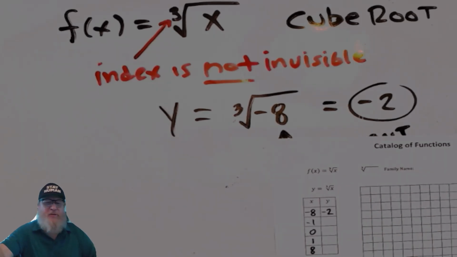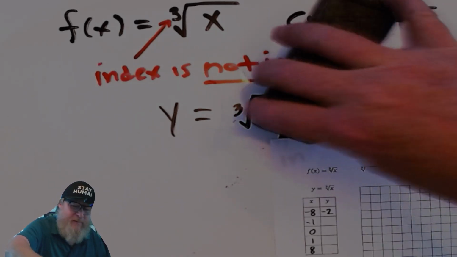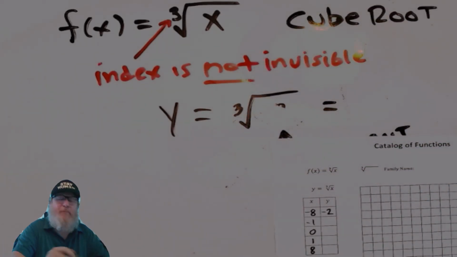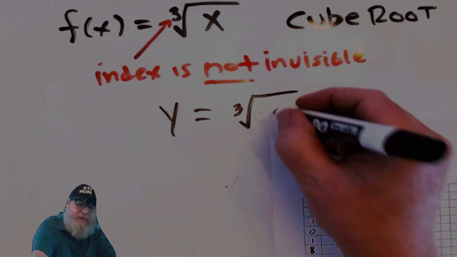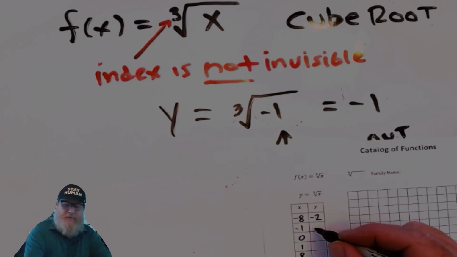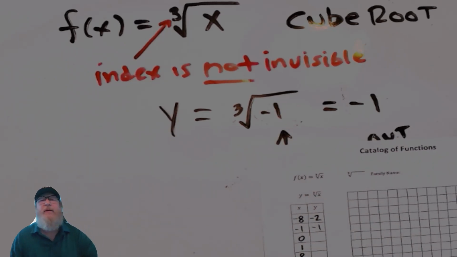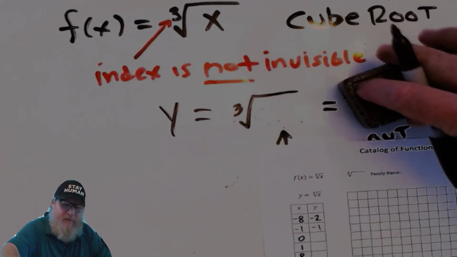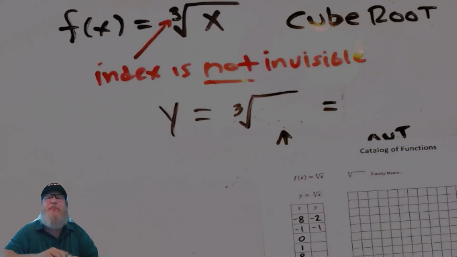All right, and let's finish the rest of these. If my input was -1, my output would also be -1. So -1. This is where the time lapse would come in handy.